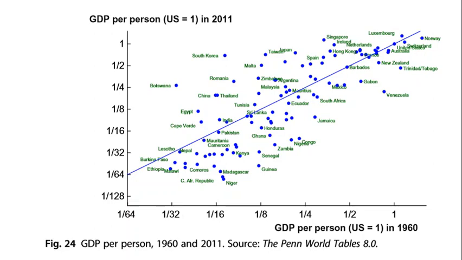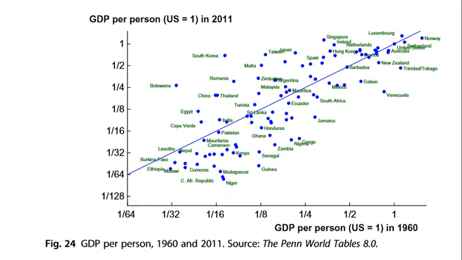This is in contrast to the lower right, where we started bad and we got worse. We're seeing a lot of African countries, Congo, Nigeria, Zambia, Senegal, that are doing much worse than you would expect given how they looked in 1960.